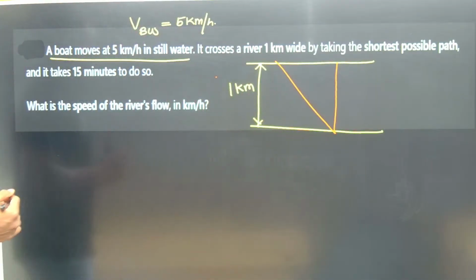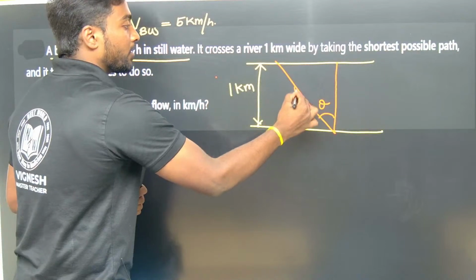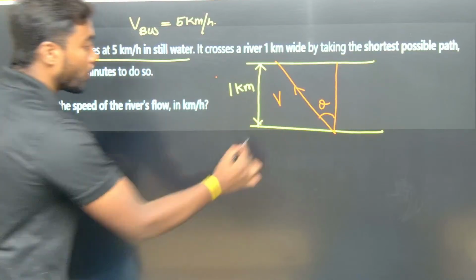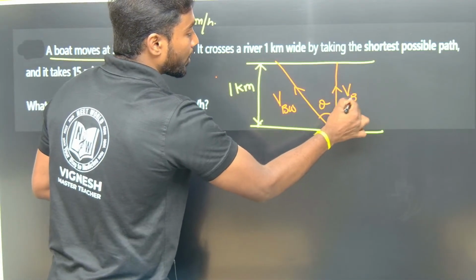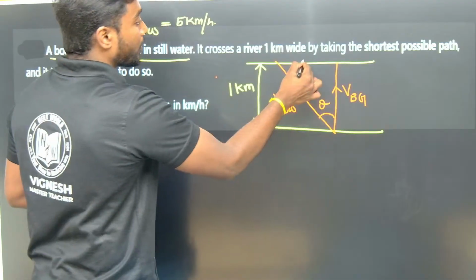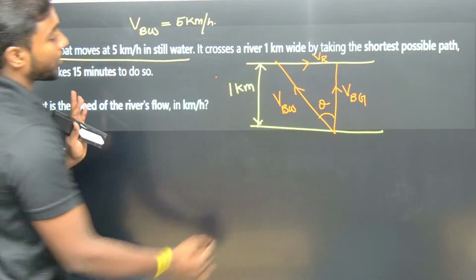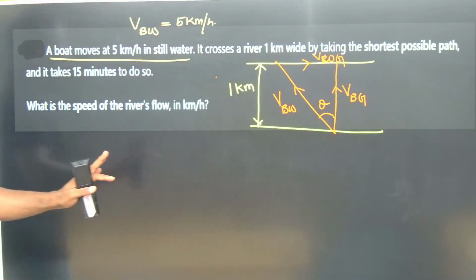Now this is my theta. This is the velocity of the boat with respect to water, this is the velocity of the boat with respect to ground, and this one will be the velocity of the river, water with respect to ground. That's the diagram.